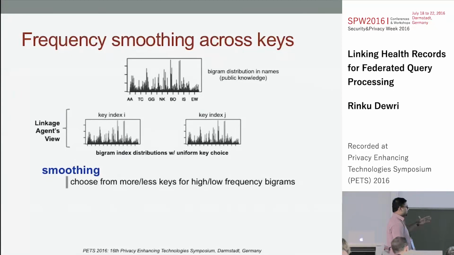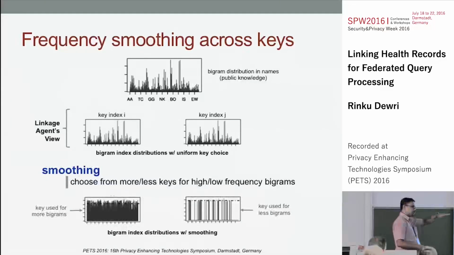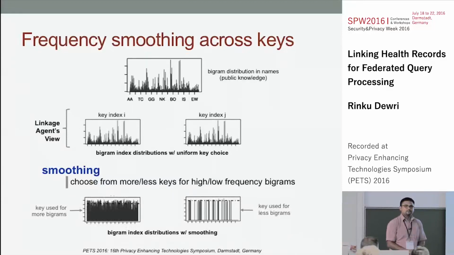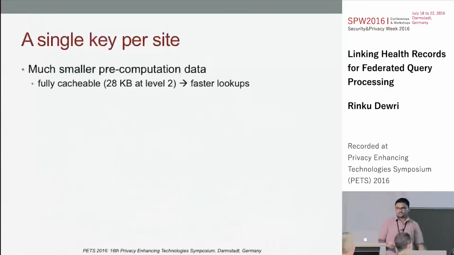Let's use some kind of smoothing. For bigrams that appear more times, let's use more keys. For bigrams that appear fewer times, use fewer keys. As a result, the keys start to show a distribution very close to being uniform. Of course, there is some residual risk, and in the paper we show how we compute it, and there are some results.